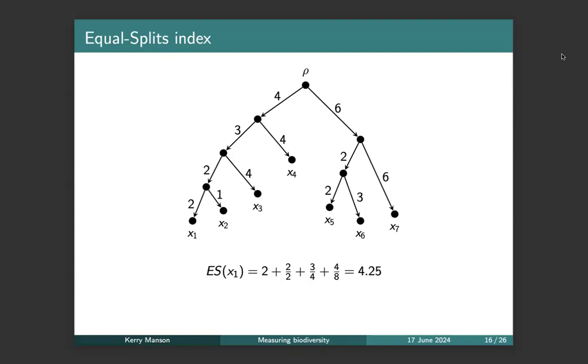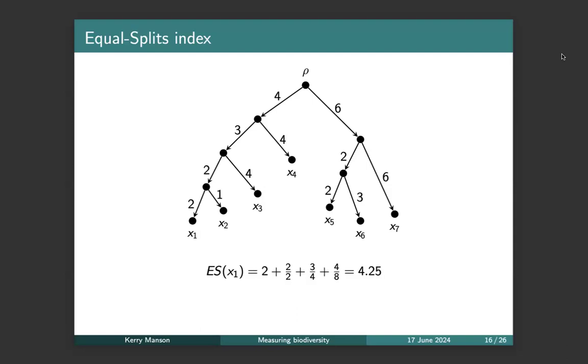This edge again gets split by 2. And now this edge gets split by 2 and then 2 again. So by the time it gets to X1, we're left with a quarter of the length of 3. And here, this branch with length 4 gets split once into half, again into quarters, and then here into eighths.